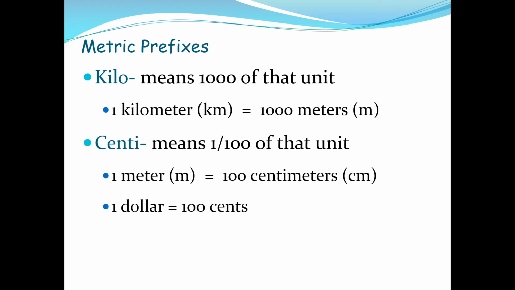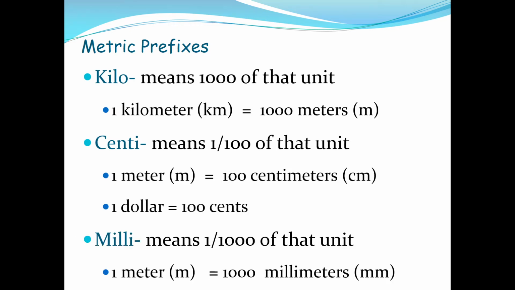So 1 centimeter is 100th of a meter. Also equivalent, that means 1 meter is 100 centimeters. $1 is 100 cents. Milli means 1,000th. So 1 millimeter is 1,000th of a meter, or equivalently 1 meter is equal to 1,000 millimeters.